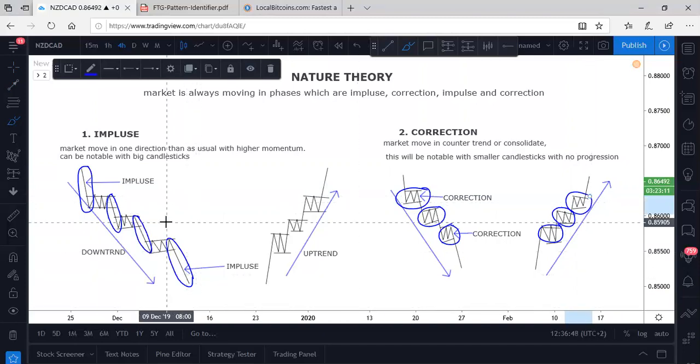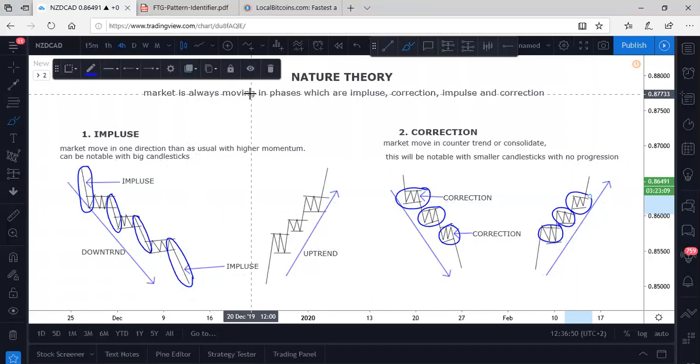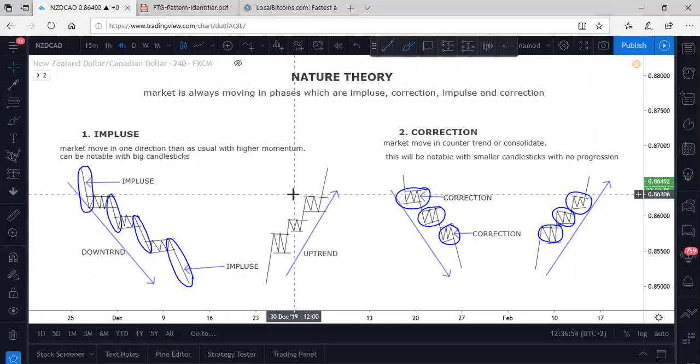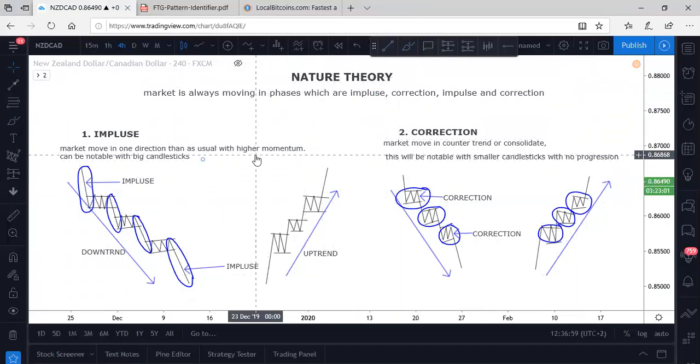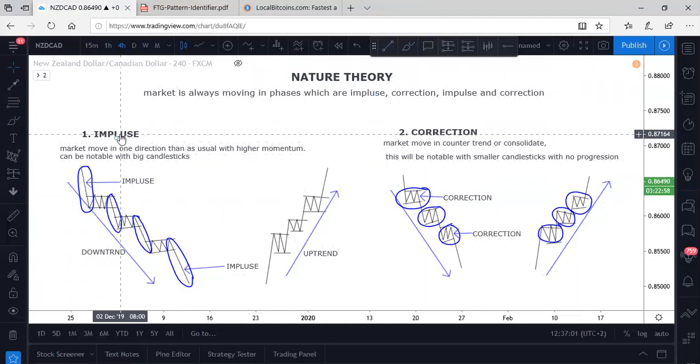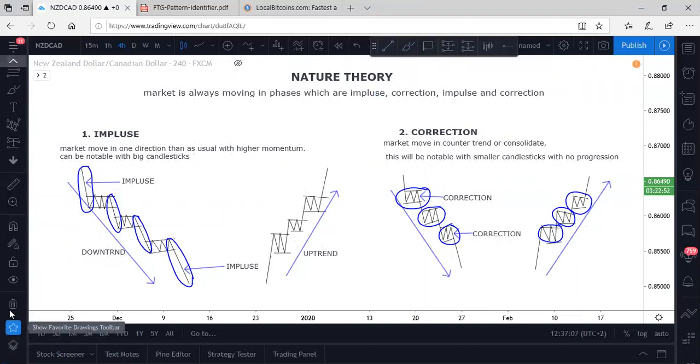Let us see in the chart. As you can see, let us pursue the nature theory. It has two phases, which are impulse and correction. So let us apply it in the chart, guys.